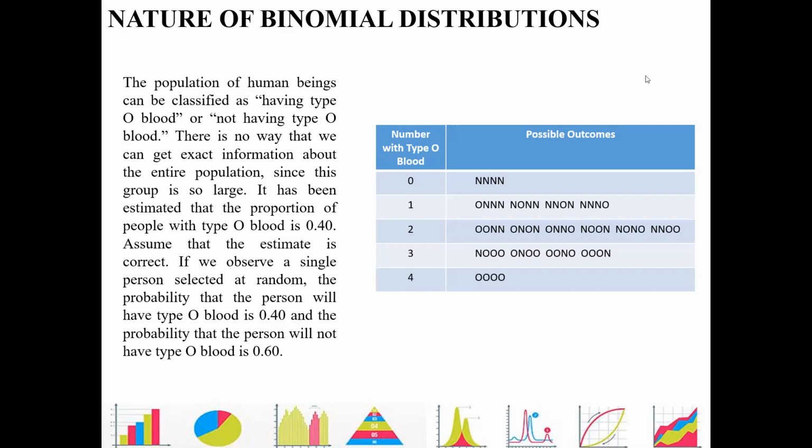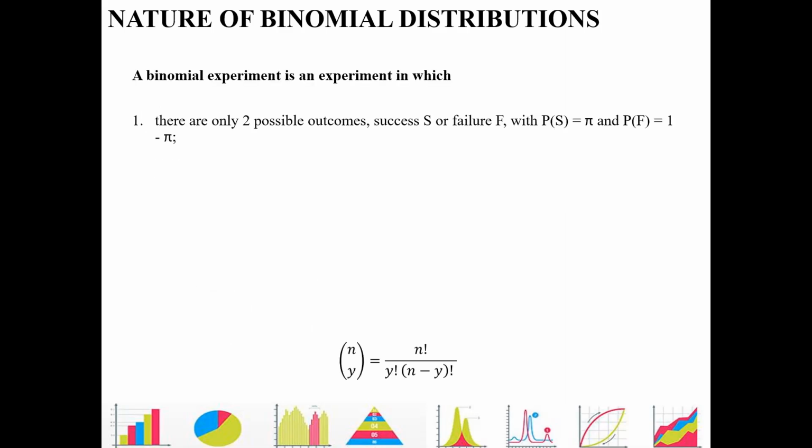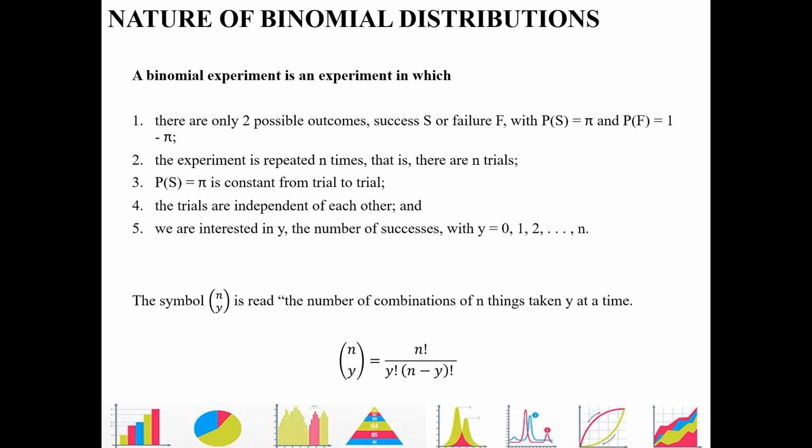We have two outcomes and four possibility for arrangement. And then we have 16 outcomes. Yung not O, and then kung O, it is represented by O. Okay, so a binomial experiment is an experiment in which there are only two possible outcomes.